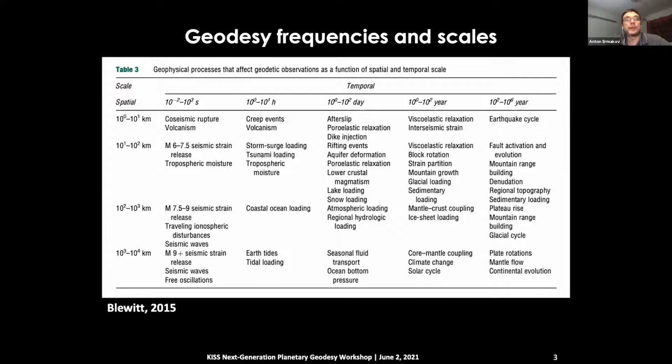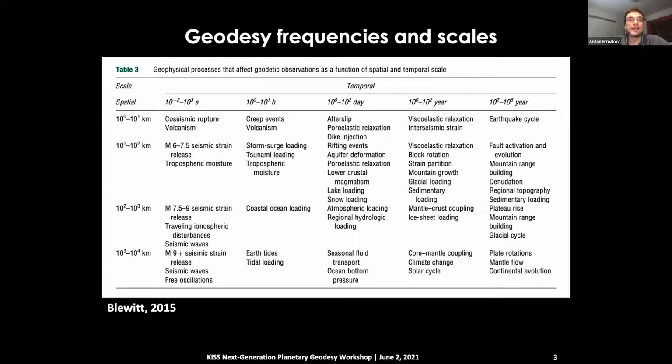Planetary geodesy covers a range of spatial scales and temporal scales, ranging from kilometers to the global scale, and ranging from seconds to millions of years in terms of the temporal time scale.